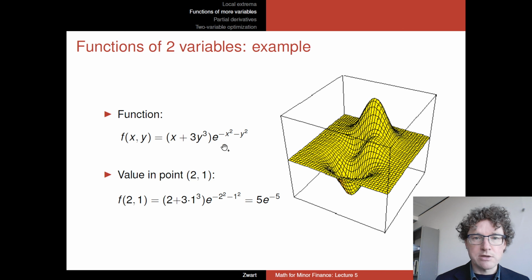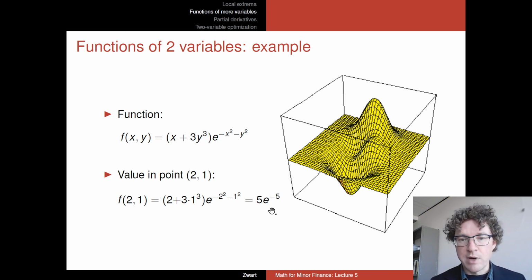And there's also an x squared over here, so we'll have minus 2 squared over here. And for each y that I encounter, I plug in this value 1 here and 1 over here. And in the end, I can then compute the function value. And for this particular function, it turns out to be 5 times e to the minus 5. And again, I can do this for any x and y that are in the domain. So here you see what the graph of this function might look like. Basically a height diagram of this function.